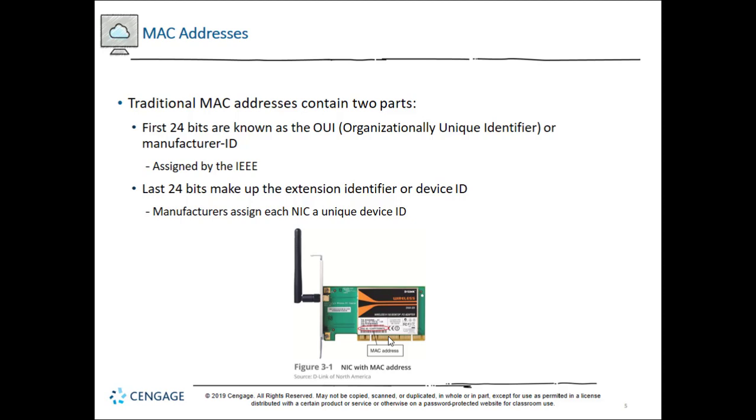A MAC address can be spoofed to give you two identical ones, but typically you're not supposed to see two identical MAC addresses. The first 24 bits of a MAC address are supposed to be unique to the manufacturer, and the second 24 bits are supposed to be unique to the card, and this makes up your 48-bit MAC address.